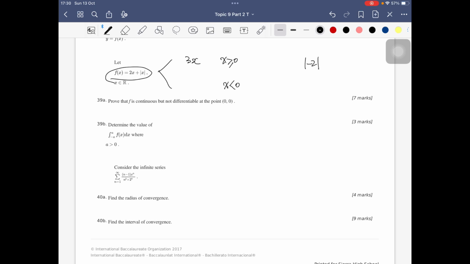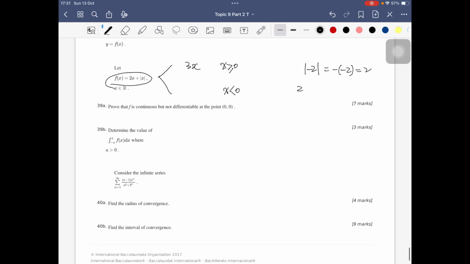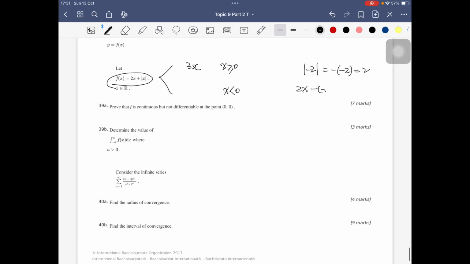When a negative number is in the absolute value, then this becomes 2x minus x, because it needs a negative sign to become a positive number.